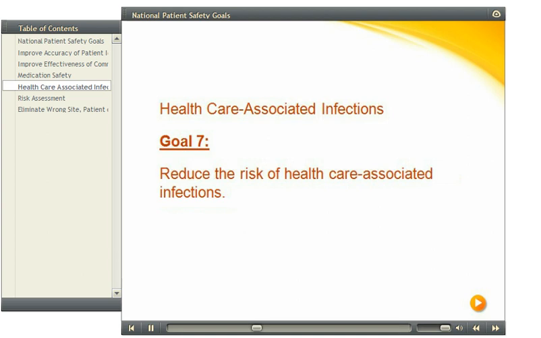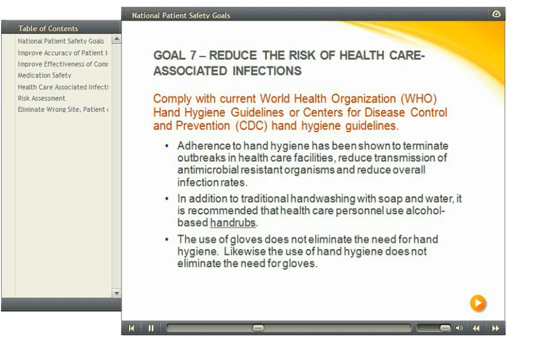Healthcare-associated infections. Goal 7. Reduce the risk of healthcare-associated infections. Comply with current World Health Organization (WHO) hand hygiene guidelines or Centers for Disease Control and Prevention (CDC) hand hygiene guidelines.